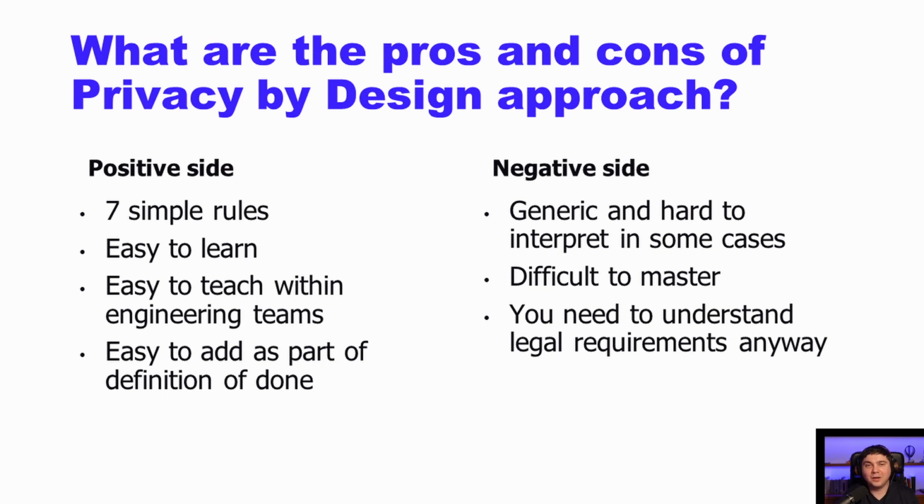This means that privacy by design can't really live on its own, but it needs to live with all other moving elements to be performing really well in your organization.